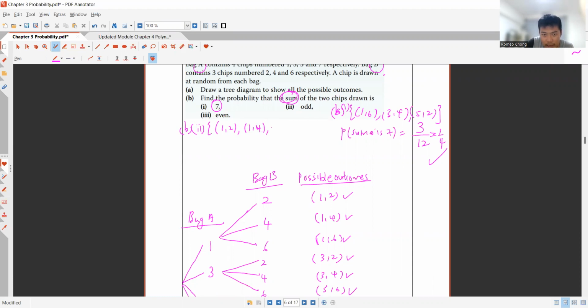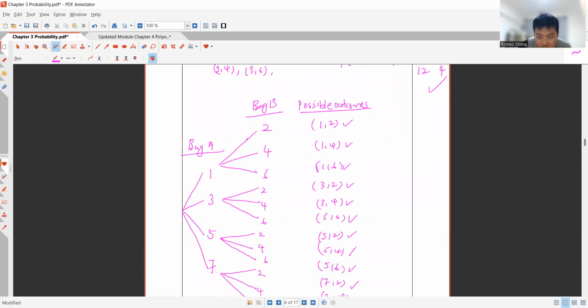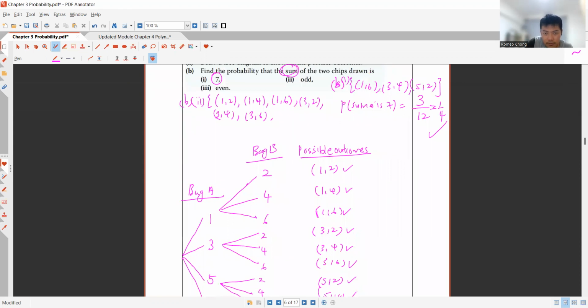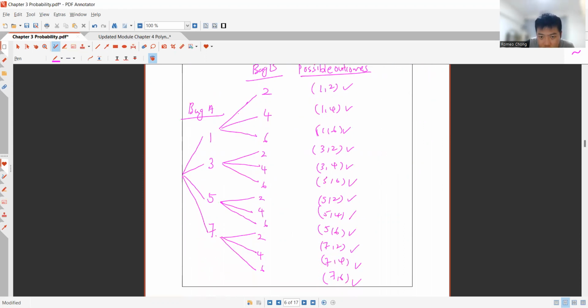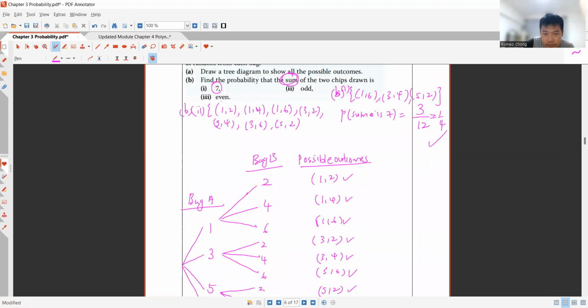Then 1, 6, yes, you will get 7. Then after that, 3, 2, yes. Then 3, 4, yes. Then 3, 6, yes. Then next one, 5, 2, yes. And then what else? 5, 4, yes.